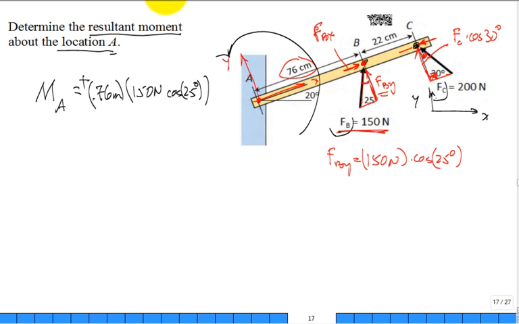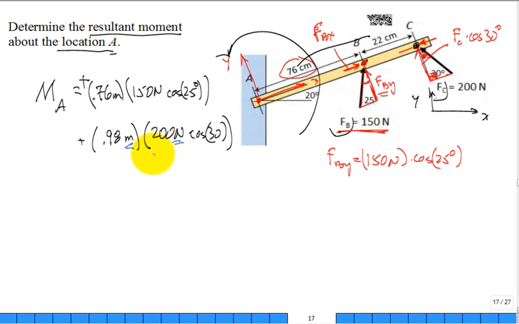So it'll be plus the distance, I add this one and that one. That gives me 0.98 meters times 200 Newton times the cosine of 30. Does that look good? Unit would be Newton meter.